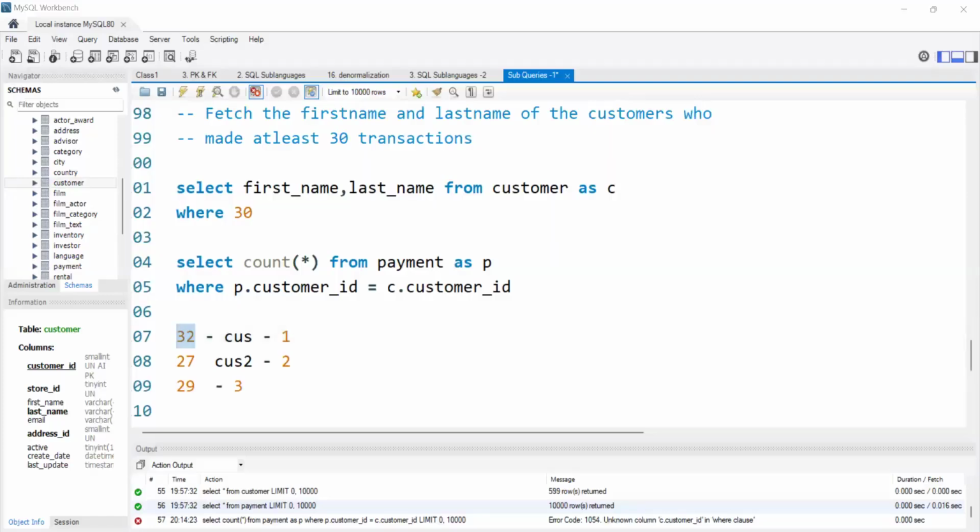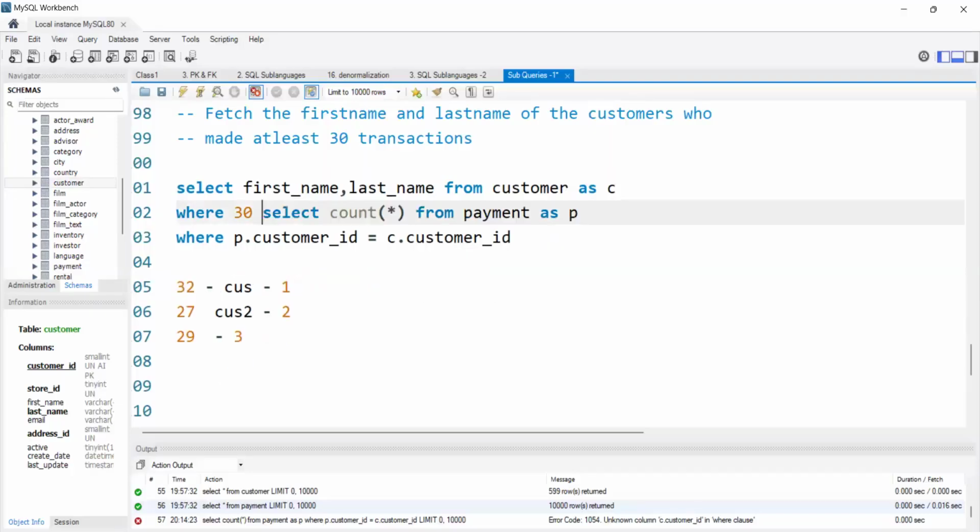Correct? So simply, I will use this less than symbol here, and I will write this query within the brackets. For this query I got 32 first, and as 30 is less than 32, that means customer ID 1 already did 32 transactions.